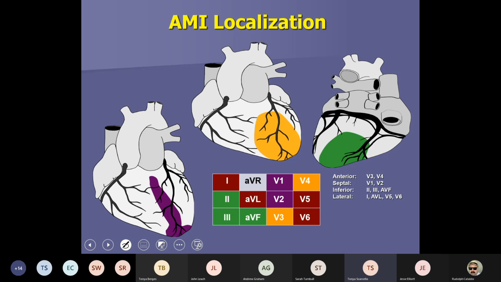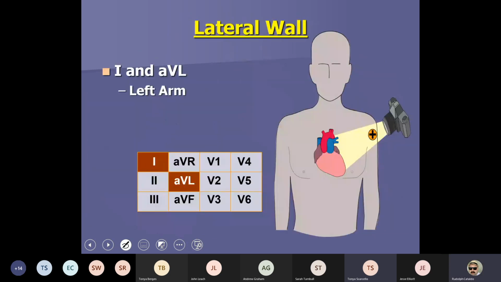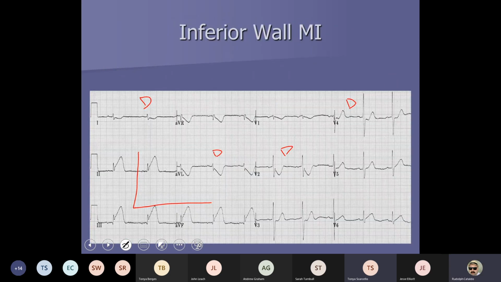Now, let me throw this at you with the inferior MI. If I have elevation in leads 2, 3, and AVF like I have here, normal 12 lead, right? To verify that it is truly a right-sided MI, does anybody know what I can do?